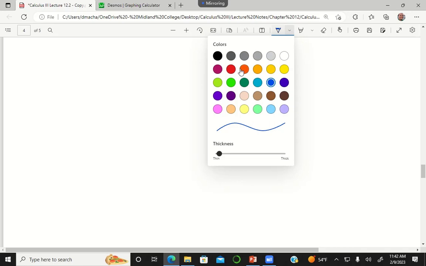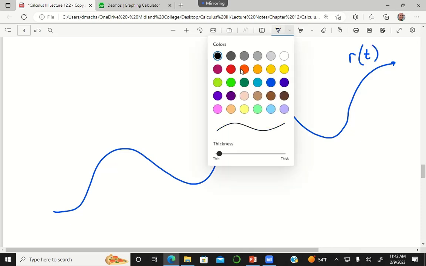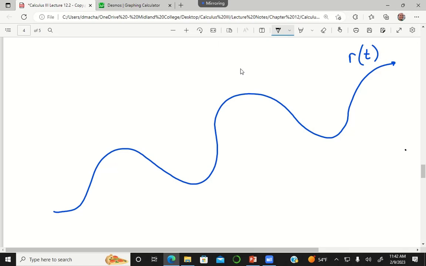There's one thing that I want to say, and it might be difficult for me to illustrate. If this is some parametric curve through space that we call r of t, the interpretation of any point here is r prime of t.